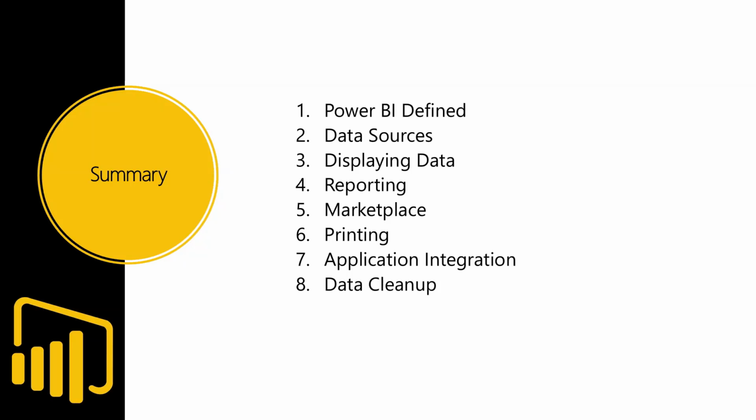And finally, we touched upon some of the miscellaneous items that we did today, like the marketplace, printing, integration with SharePoint, Teams, and other applications. And finally, we also showed you how to clean up data. And hopefully this series on Power BI has provided you with the opportunity to see what Power BI is, how it can help you, and how it is just the tip of the iceberg and how powerful it can be.